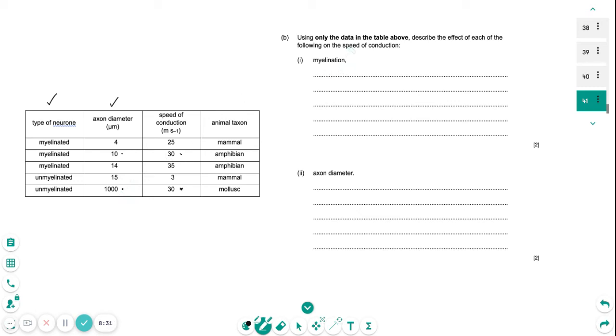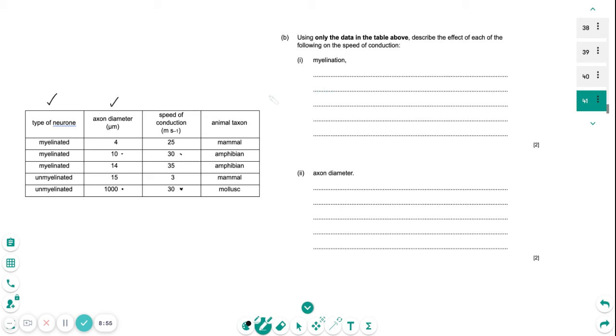So using only the data in the table above, describe the effect of each of the following on the speed of conduction. So you state the obvious. The obvious thing first is myelinated neurons, or myelination, produces a faster speed of conduction. What else could we say there?